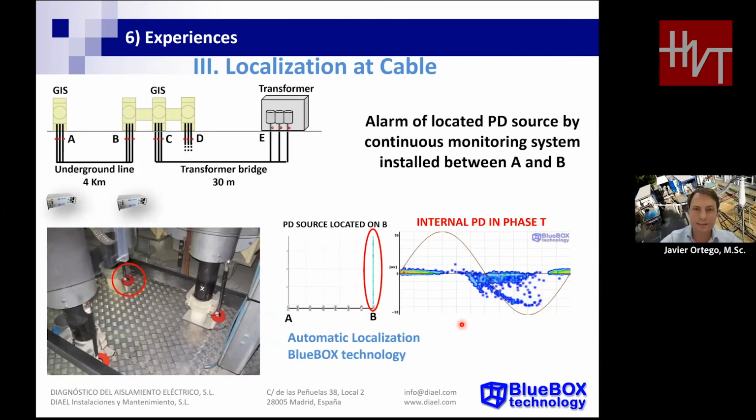So this is the last experience. We have a localization at a cable. In this case, we were monitoring with a continuous monitoring system. The MS was installed in substation B, and the cable connects substation A and B. The cable was 4 kilometers.